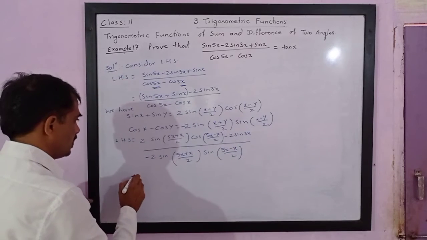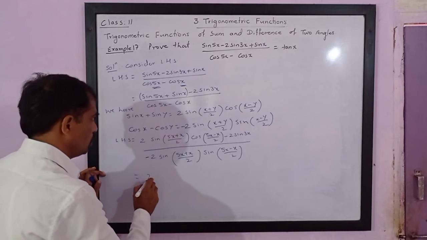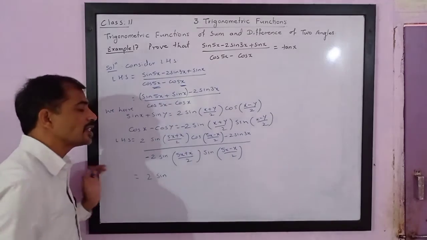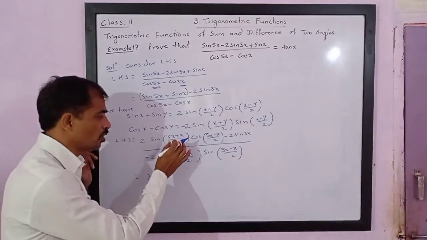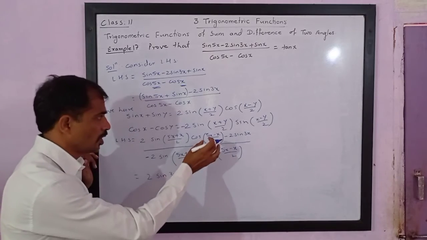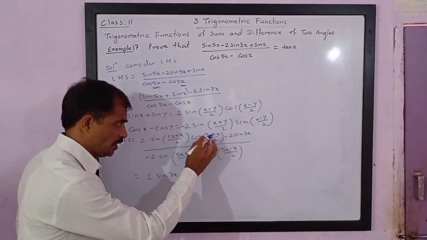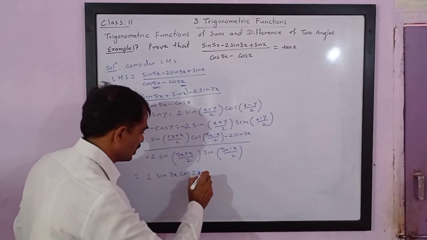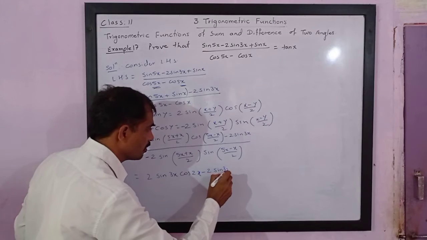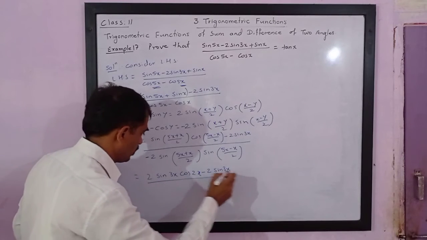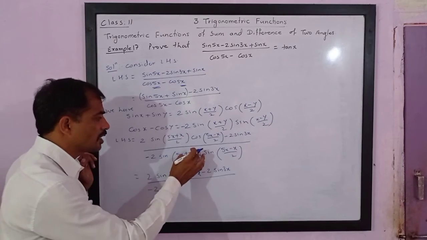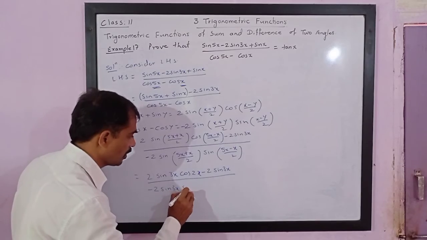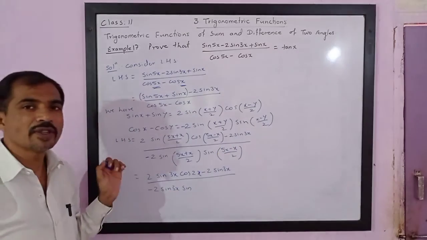So this becomes 2 sin of 5x + x is 6x, 6x upon 2 is 3x, cos of 5x - x is 4x, 4x upon 2 is 2x, minus 2 sin 3x upon minus 2 sin 3x into sin 2x.